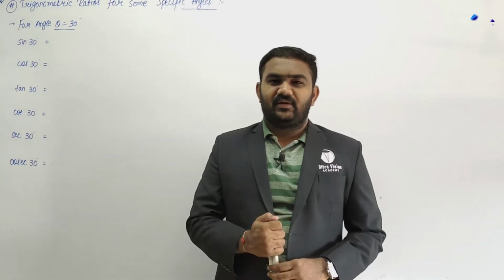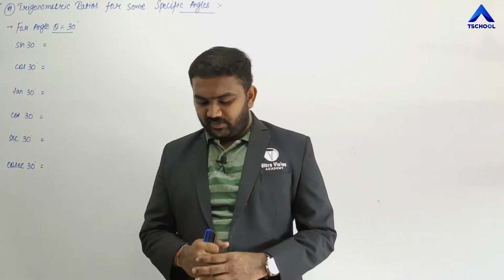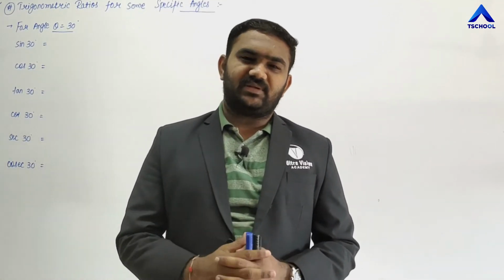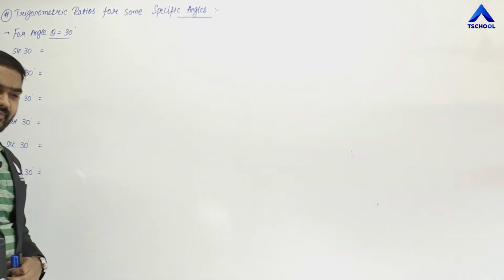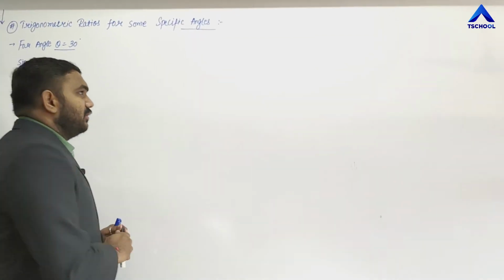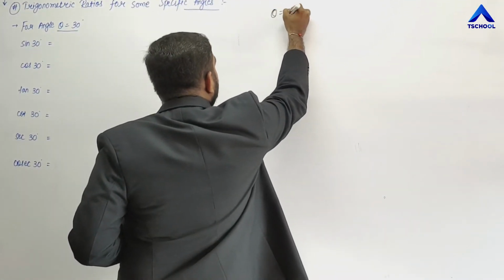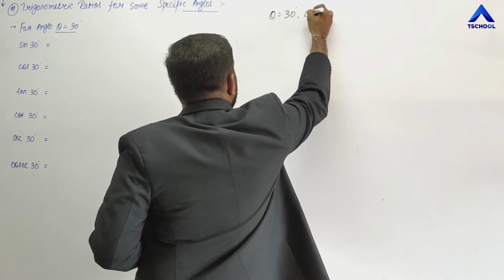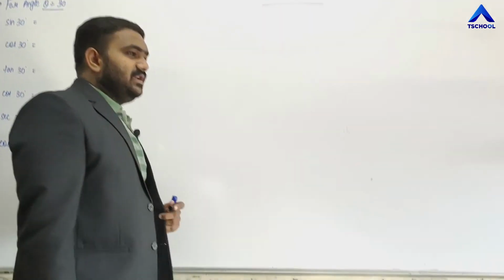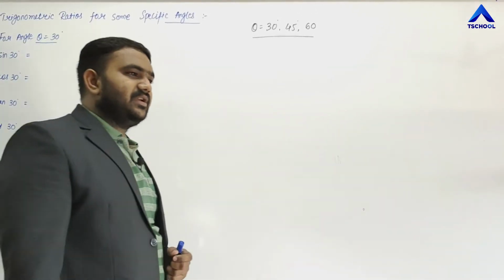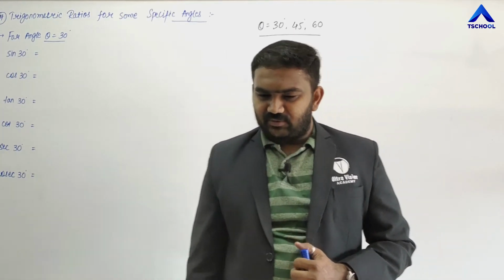Good morning, friends. In the previous lecture, we were carrying out the topic trigonometric ratios for some specific angles. We studied the trigonometric ratios for theta equals to 30, 45 and 60 in the previous lecture.